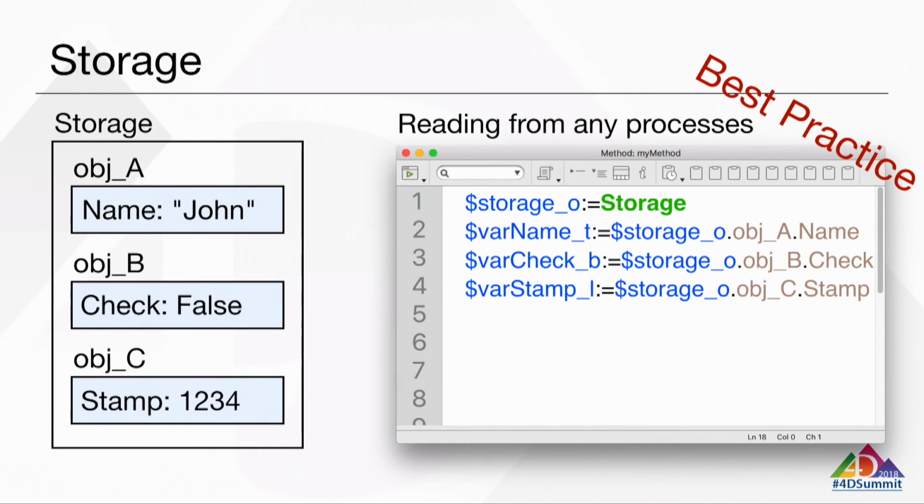This way 4D doesn't have to re-execute the same thing over and over again because the value will never change. You're already in here, so reusing the reference that you have in terms of a variable is much more efficient.